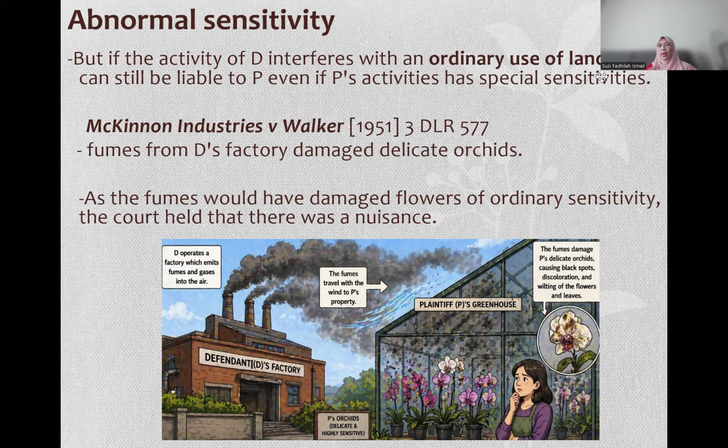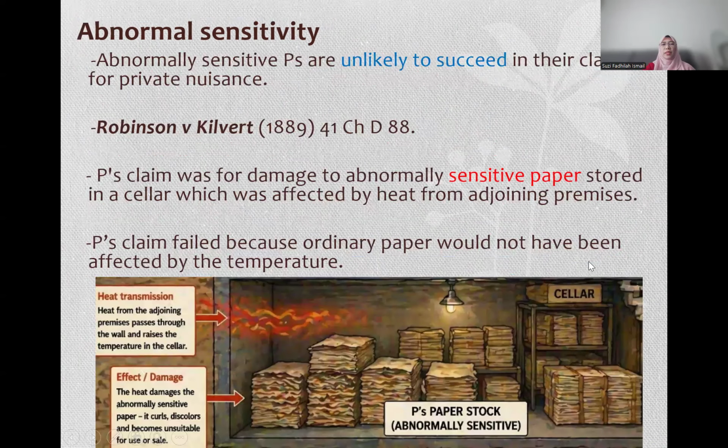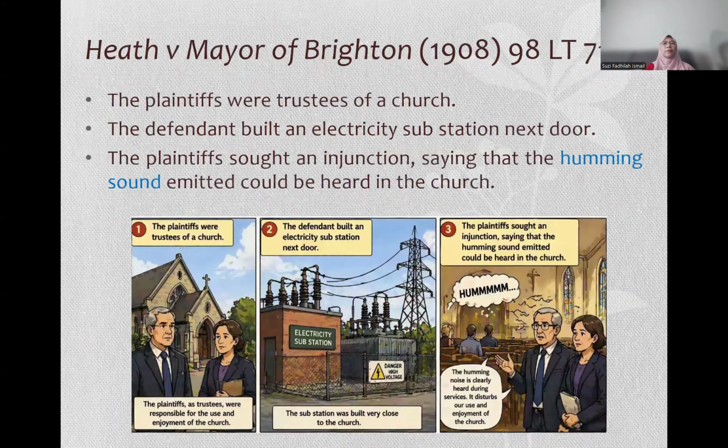The fume would have damaged flowers of ordinary sensitivity too; all other flowers would be damaged by the same fume. So the court held that there was a nuisance here. This is in comparison to the case Robinson and Kilvert just now.